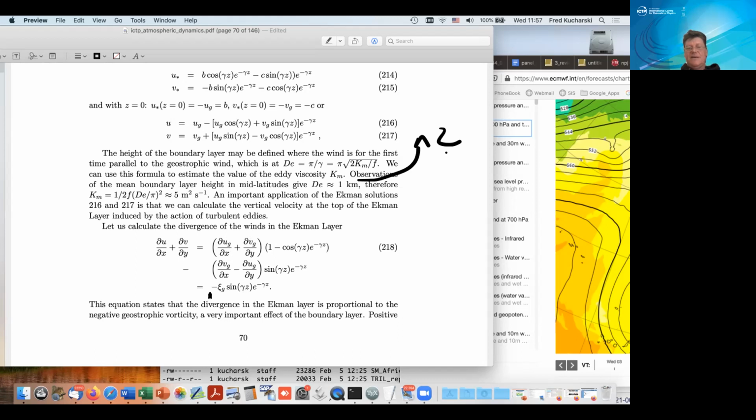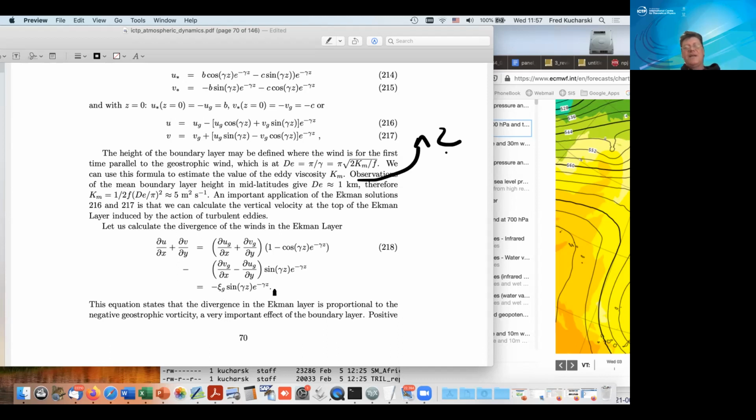That means the final solution is a nice result: the convergence in our boundary layer is proportional to some vertical function times the vorticity in our free atmosphere. So whenever there is vorticity induced in the free atmosphere, our boundary layer processes will lead to convergence or divergence, depending on the sign.